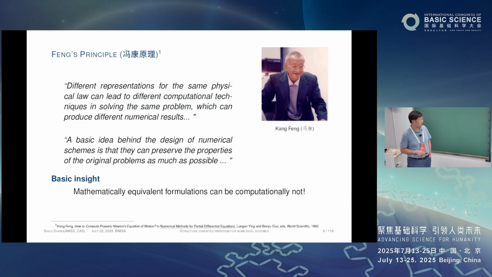He said that for the same physical law, there can be different representations, and these different representations can lead to different computational techniques to solve the same problem, but will produce different computational results. That is his observation. And then he said a basic idea behind the design of numerical schemes is that they should preserve the properties of the original problem as much as possible.